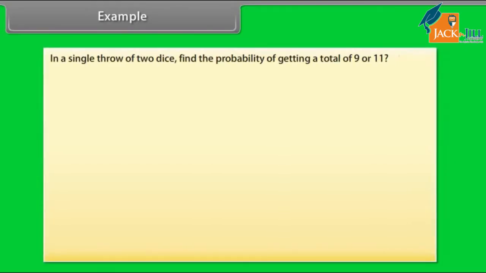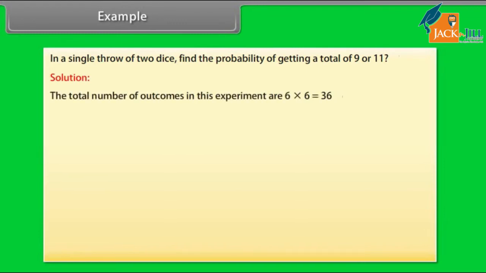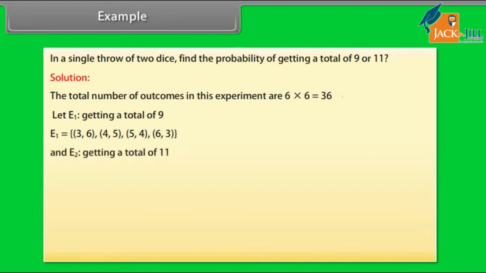In a single throw of 2 dice, find the probability of getting a total of 9 or 11. Solution. The total number of outcomes in this experiment are 6 into 6 is equal to 36. Let E1 be getting a total of 9. E1 is equal to (3,6), (4,5), (5,4), (6,3), and E2 be getting a total of 11.